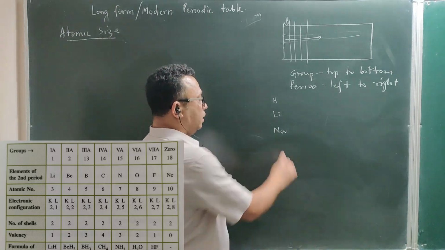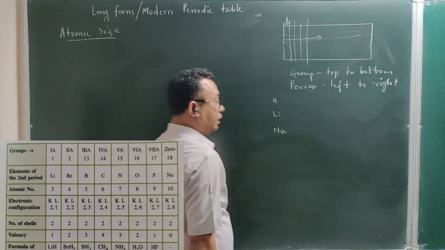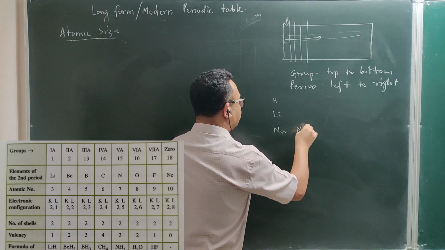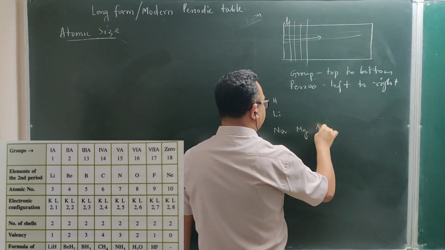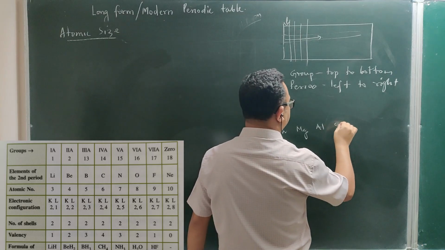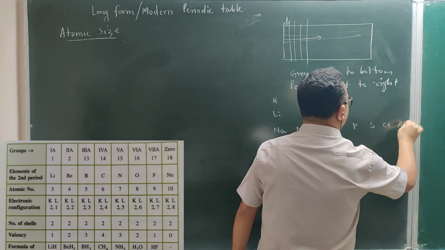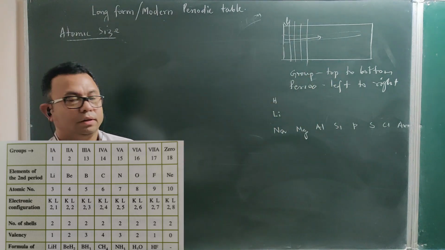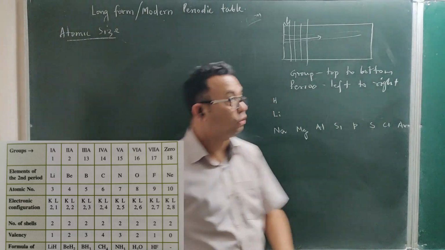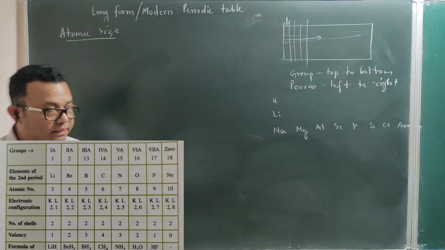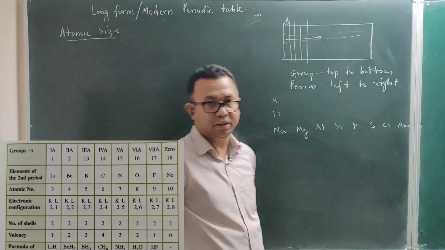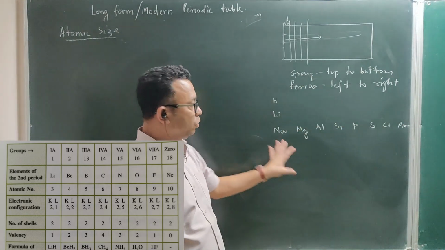Then next, I'm going to write this full period, period 3: sodium, then magnesium, and so on. Now if you want, you can complete the full thing, but to understand the periodicity, the variation taking place in different properties, this is what is going to help me.